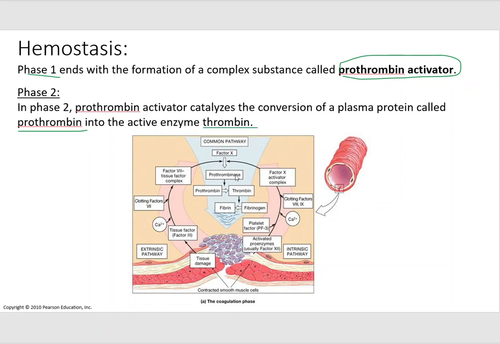Thrombin is going to change fibrinogen into fibrin. So there's the prothrombin activator right there, prothrombinase. It causes prothrombin to become thrombin. Thrombin causes fibrinogen to become fibrin. And the fibrin is the guy that's going to put the net over this and also retract it.